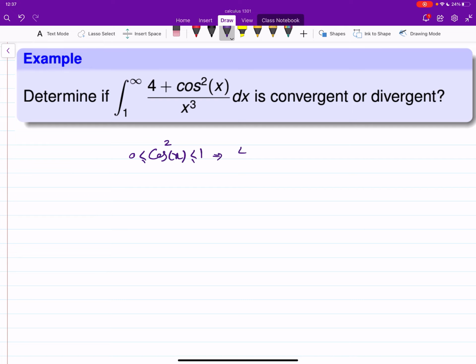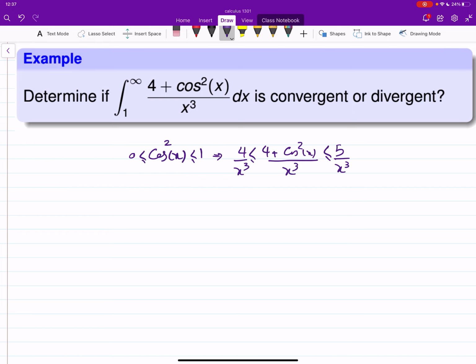If you add 4 to all sides, you will get this thing, 5. And then you divide all sides by x to the power 3. Now, the point here is that I found two functions. One is less than, one is bigger than. Both of them are multiples of 1 over x to the power 3, yes?